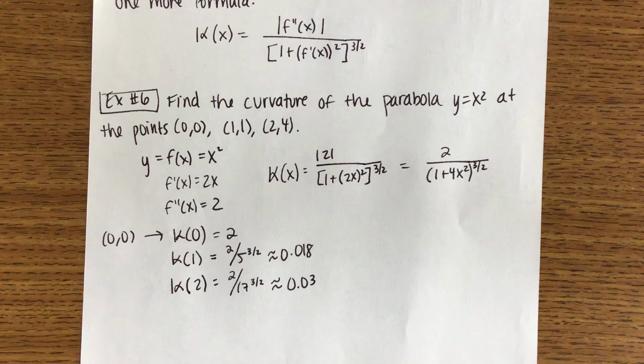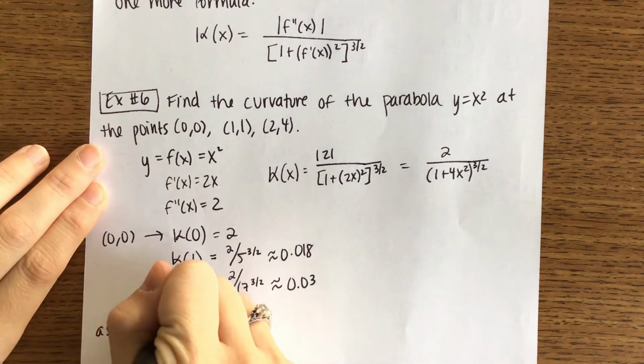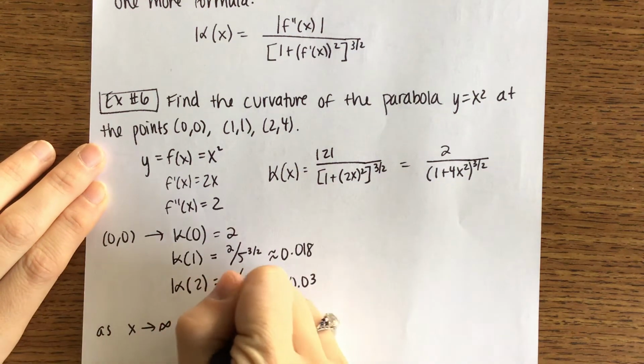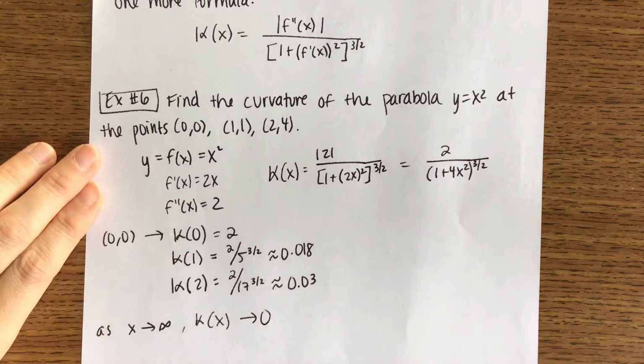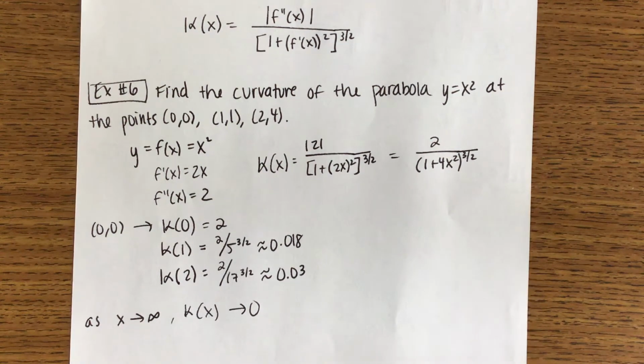So you guys see I'm just plugging in the x values. One thing for us to notice is if we take the limit as x goes to infinity, the curvature is going to go to 0. And we're going to look at graphically what that means.